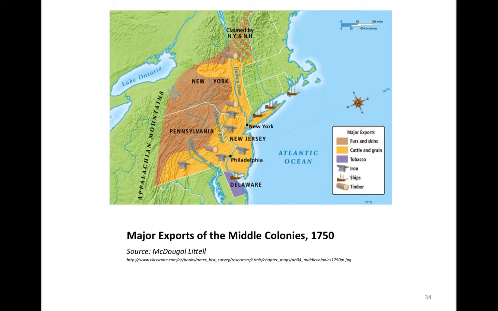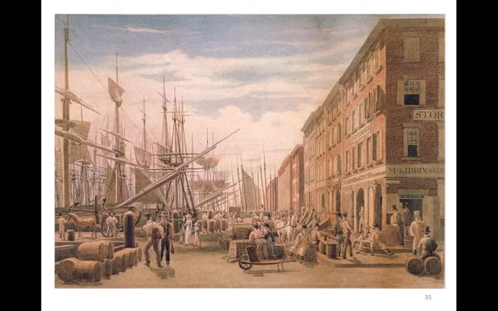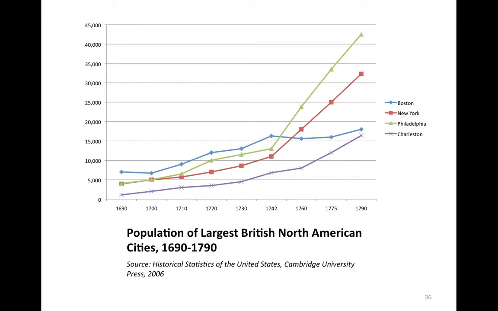So you can see a map that kind of illustrates that. Here's an image from the 1700s of New York City, the port. You can see how much of a major, bustling port it is. I can see that my neighbors have their leaf blower out, but hopefully you can still hear me despite that noise.